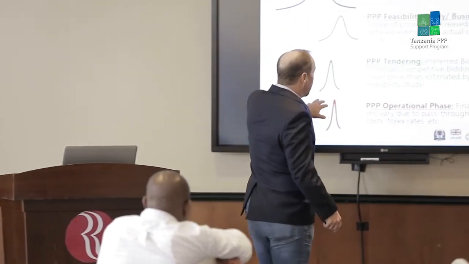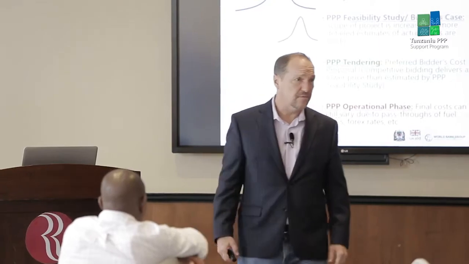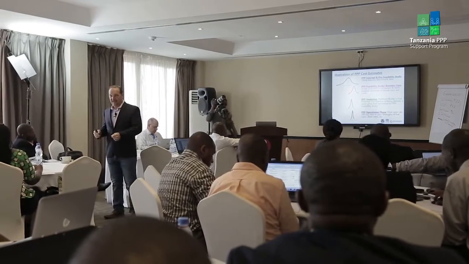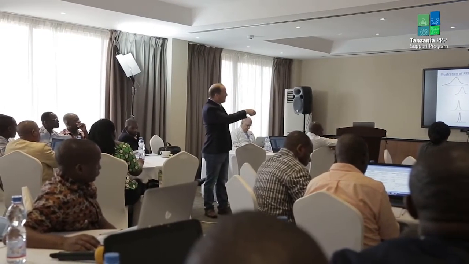We'll also point out that after this phase, we have what we call financial closure, right? That's when the lenders will say, okay, we'll look at the contract after it is signed. Then we as lenders are going to do our own due diligence on the project. And sometimes you'll see that, for example, at the concept phase, the first phase, the government is oftentimes coming up with annual estimates of revenues and costs.